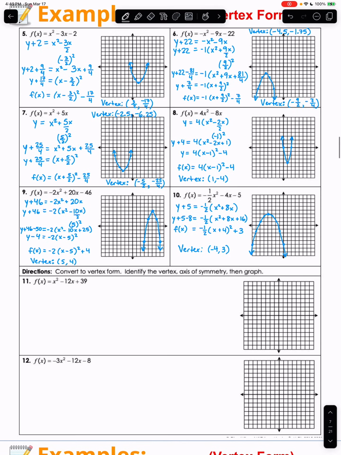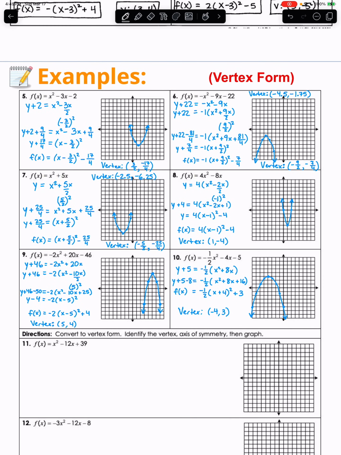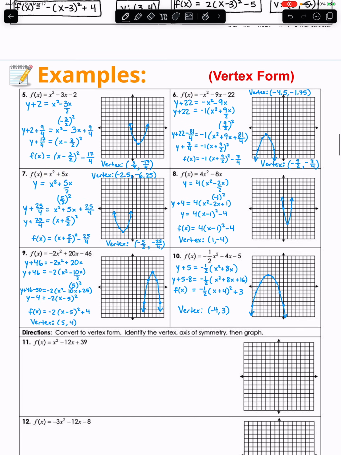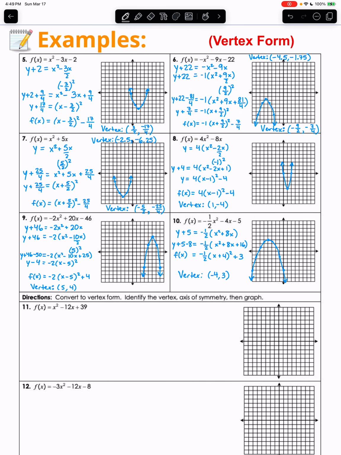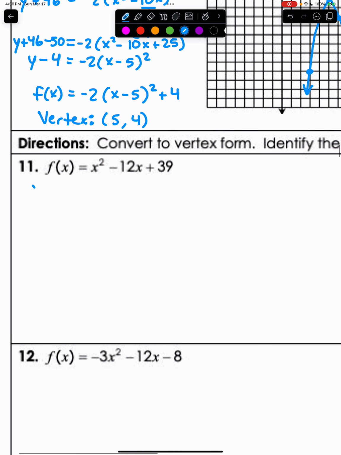Alright, thanks for coming back. So here are your answers to show you. There we have them. 5 to 10. And then 11 and 12 are down here. Zoom in a little bit on 11, 12. You're going to have x squared minus 12x; divided by 2 would be negative 6, so plus 36.